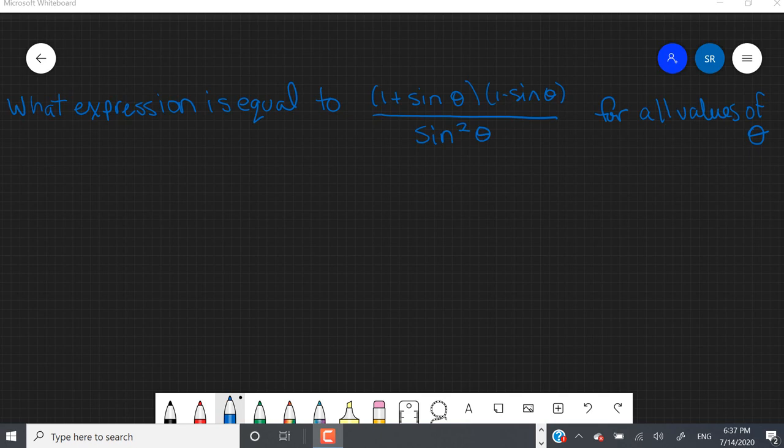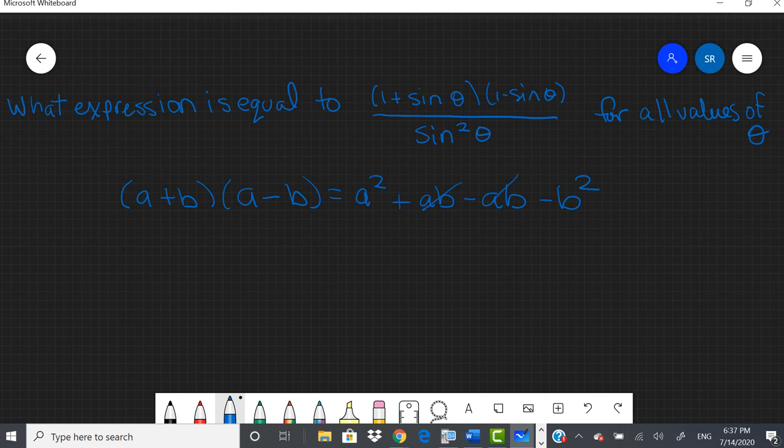If you remember back in module 5 when we were doing quadratics, when you multiply something in the format of a plus b times a minus b, my middle term goes away. This is a squared plus ab minus ab minus b squared.